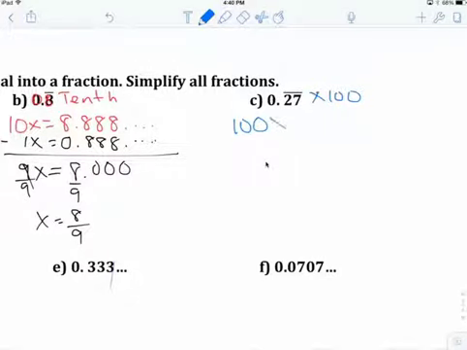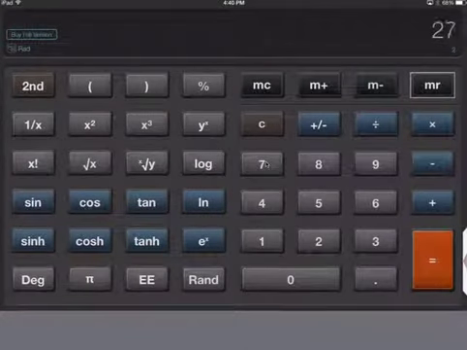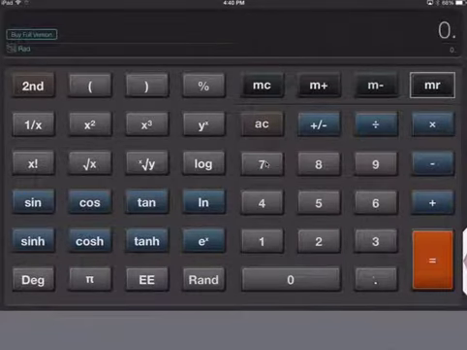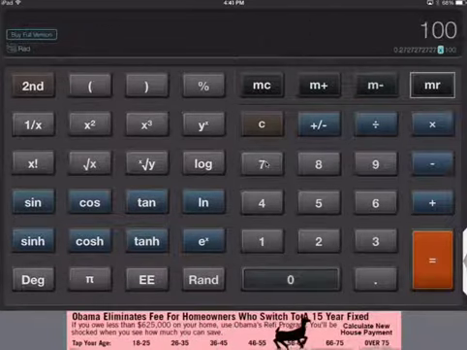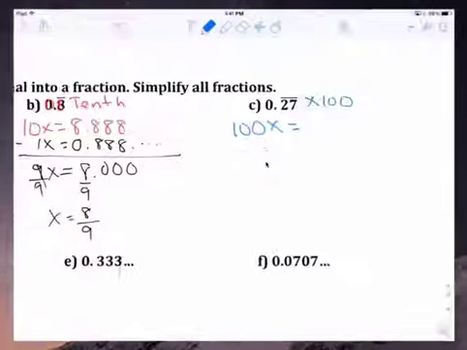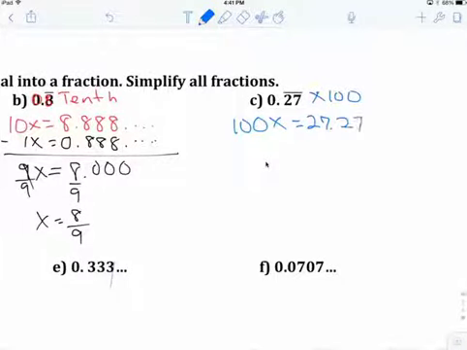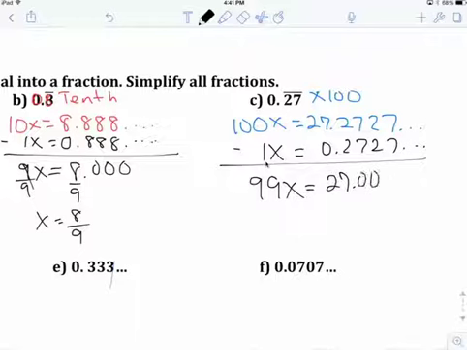So you put 100x equals, when you multiply 0.272727 until you can't anymore, times that by 100 equals 27.2727 repeating, and then here's where you put x equals 0.2727, and then minus, that's a 1, so you get 99x equals 27.0000.